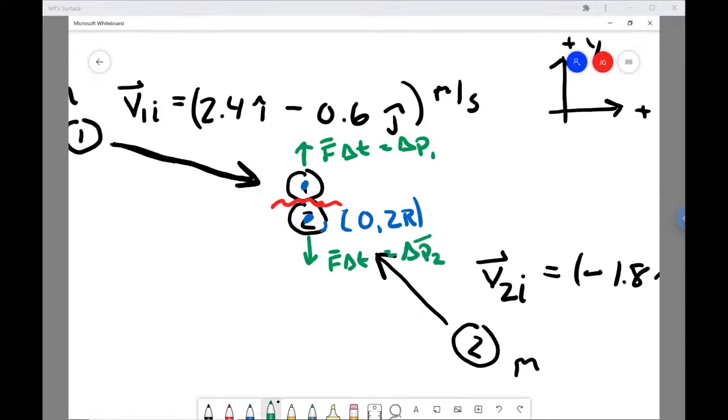For each of these balls, that's impulse.